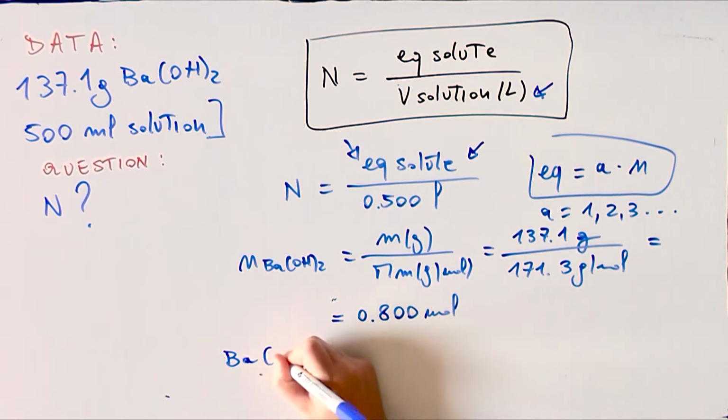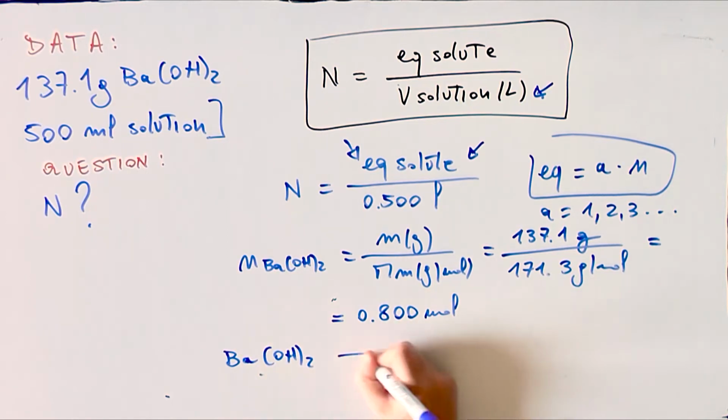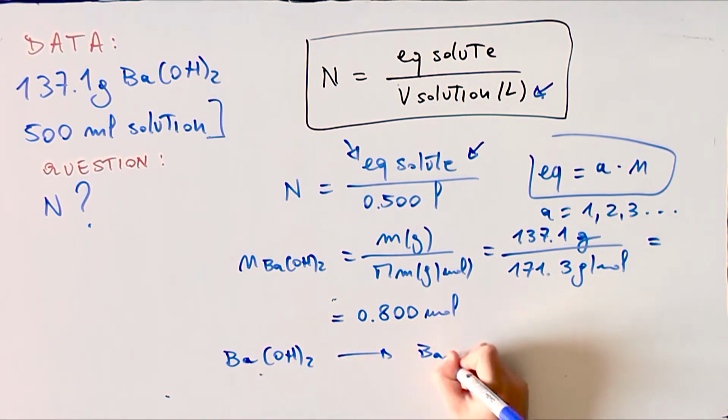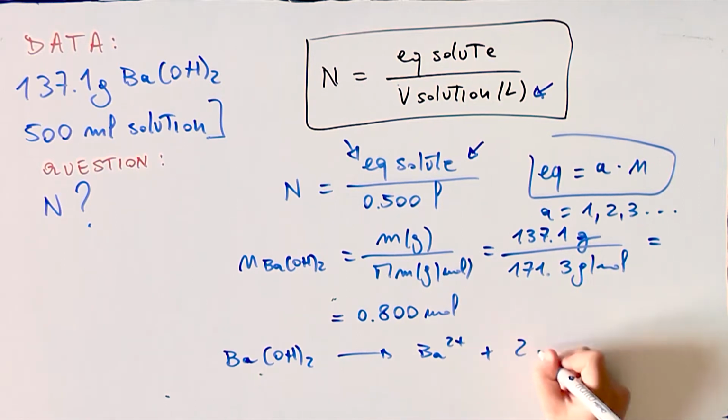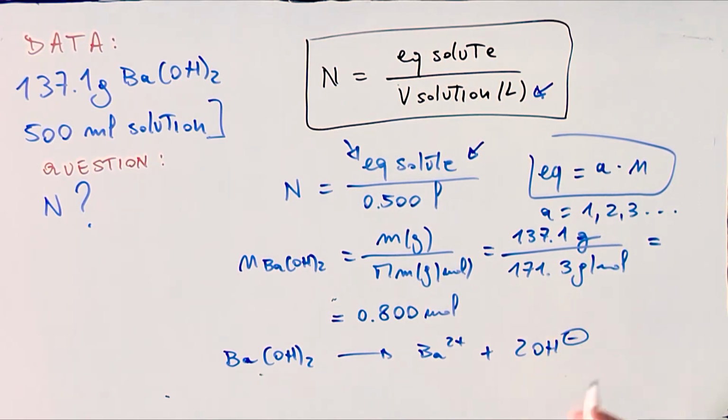So barium hydroxide in water will be split into Ba2+ and 2 OH-. So what is the total charge? The total charge is 2 plus and 2 minus, so of course it's 0 if you do the sum. So this means that the reaction is balanced.